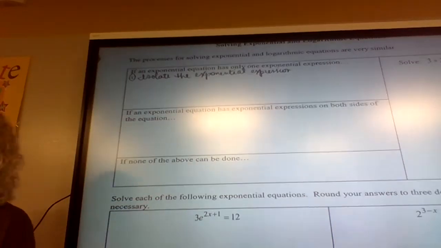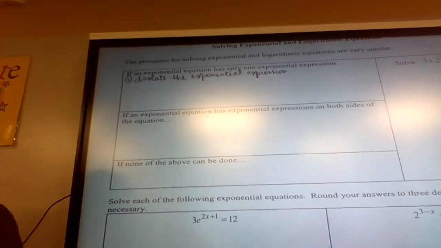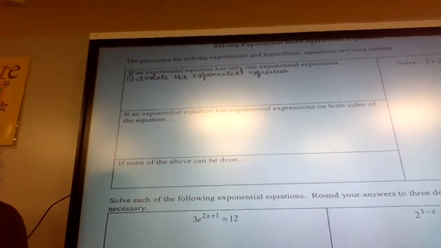But I guess logarithmitate is shorter than take the log of both sides. I don't know, because he says logarithmitate both sides. So anyway, I'm going to guess that you remember it. Take the log of both sides.